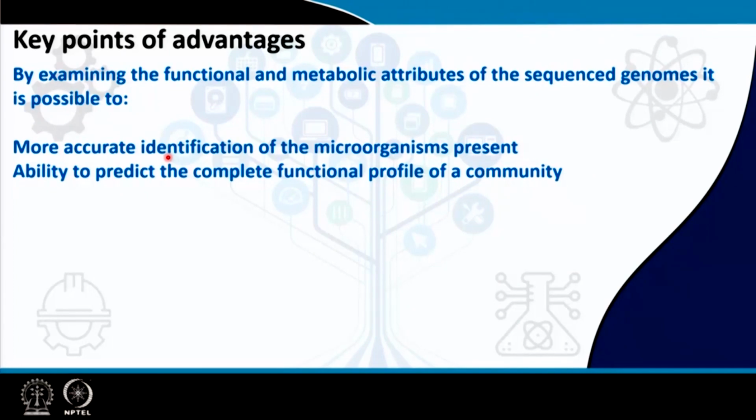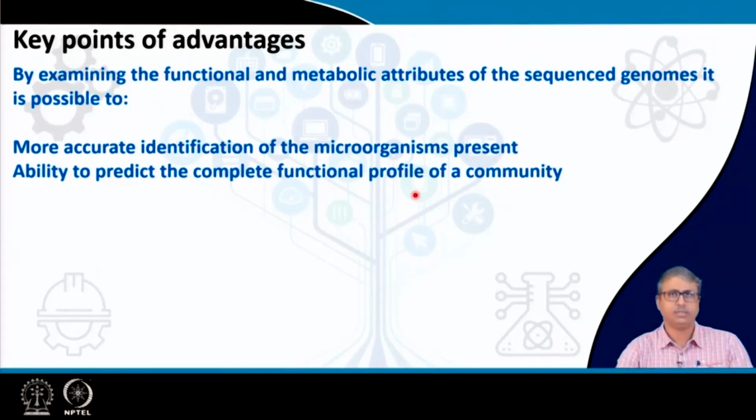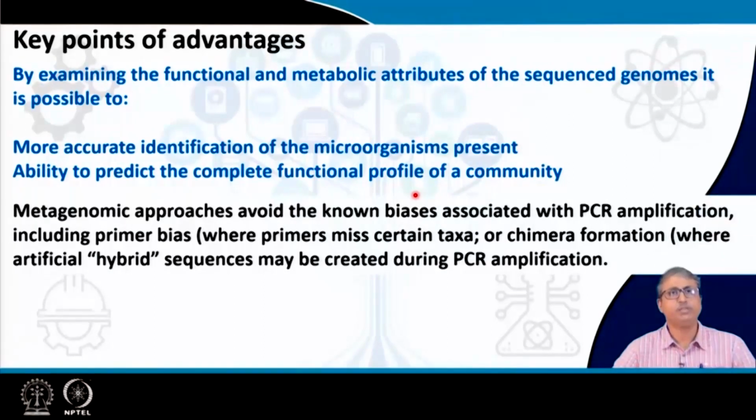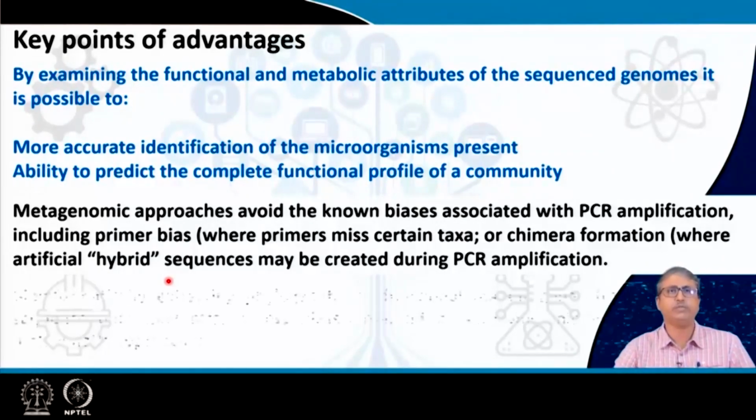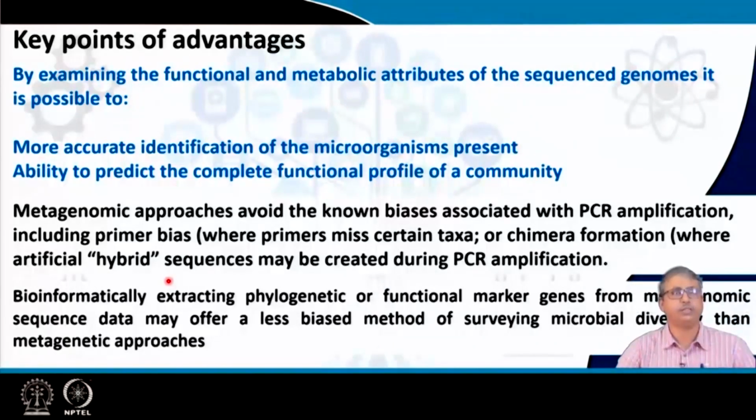We also now have the ability to predict the complete functional profile of the community, like the KEGG map that I have shown you. Now, metagenomic approaches avoid the known biases associated with PCR amplification, including primer bias, where the primer misses certain taxa, or chimera formation, where artificial hybrid sequences may be created during PCR amplification and are thrown out or discarded during the subsequent quality check steps.